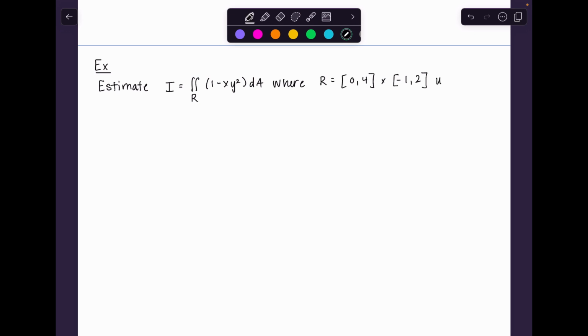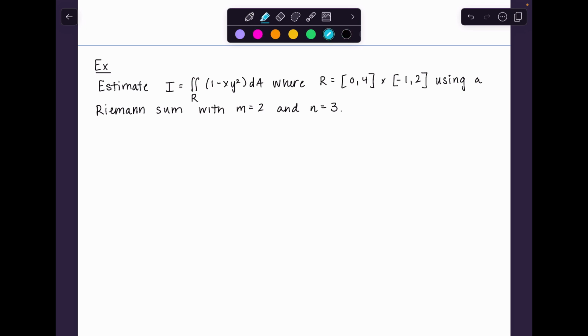Specifically using a Riemann sum, or double Riemann sum, with m equaling 2 and n equaling 3.